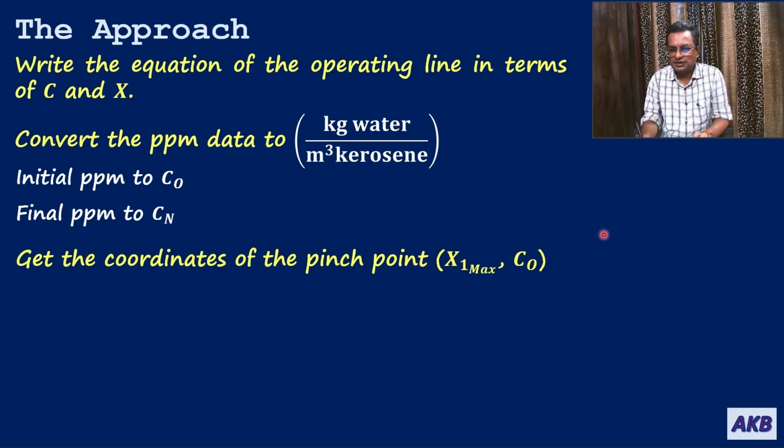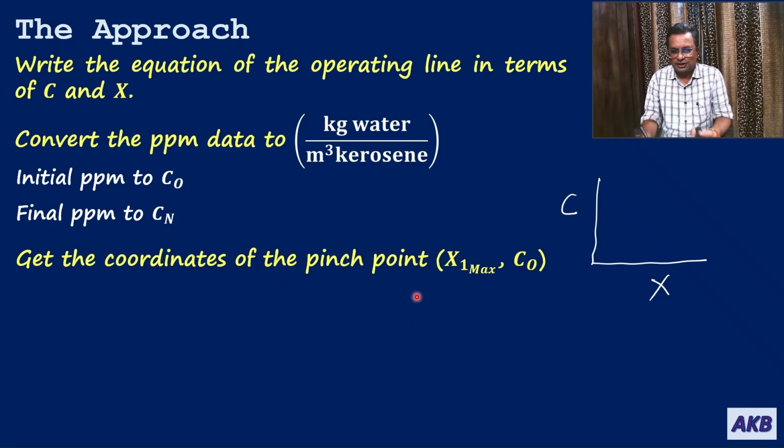If a graph is plotted where C is on the y-axis and X is on the x-axis, you will get a pinch point. The pinch point on this graph will have coordinates of x1 max and C0. So in order to get the minimum adsorbent to solvent ratio, we need to get the coordinates of the pinch point. That would be the third step.